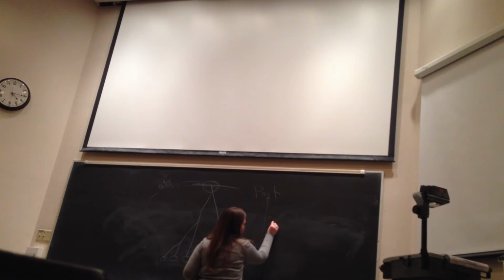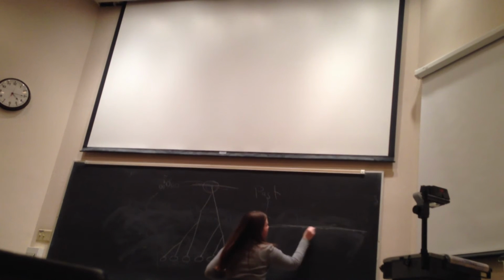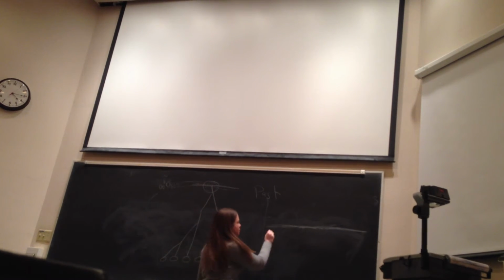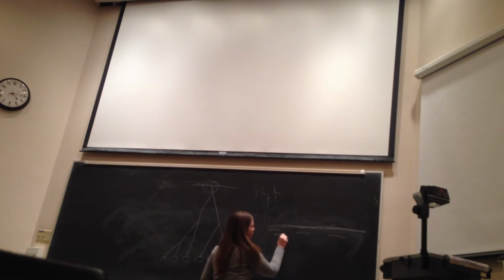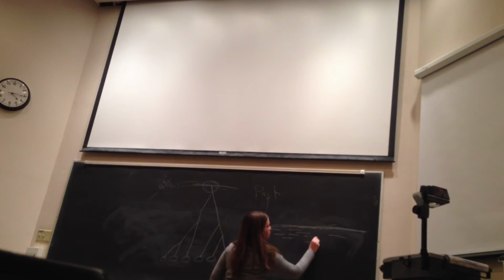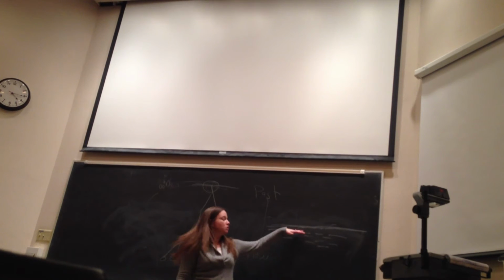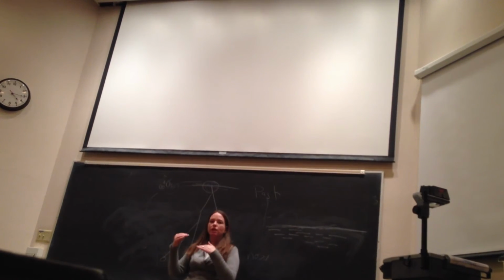So if this is your reference genome here, right? Then you have millions and millions of reads that get aligned. And so one might be here, and one's here, and one's here, but then you're going to get one here, and one here, and one here, and one here, right? So you get this overlapping sequence that allows you to put all of these genes in order. So you can see where they would fit on a single chromosome.